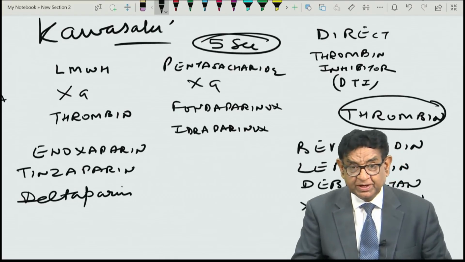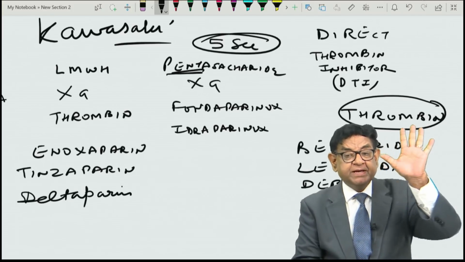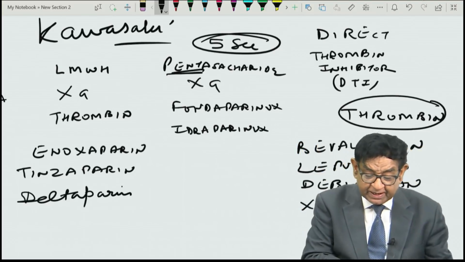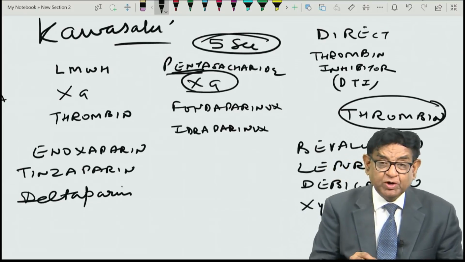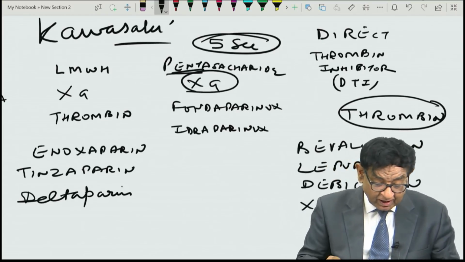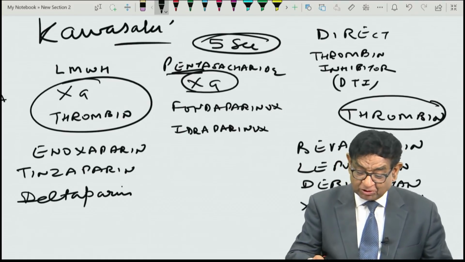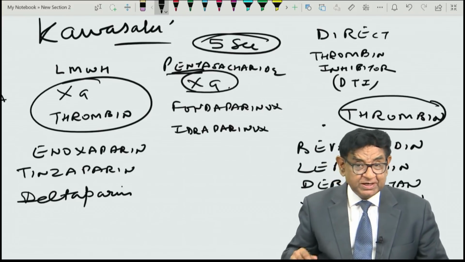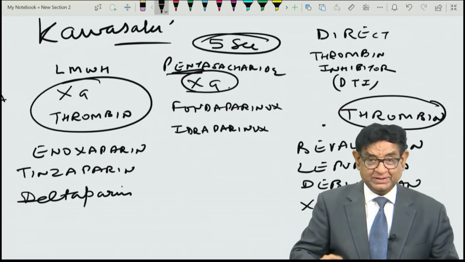Easy, remembered. Then it is pentasaccharide, penta and 10, penta 10, easy. And what was low molecular weight heparin? Both. So this is thrombin, this is 10, both. So we can sing a song. Thrombin, 10, both, easy.